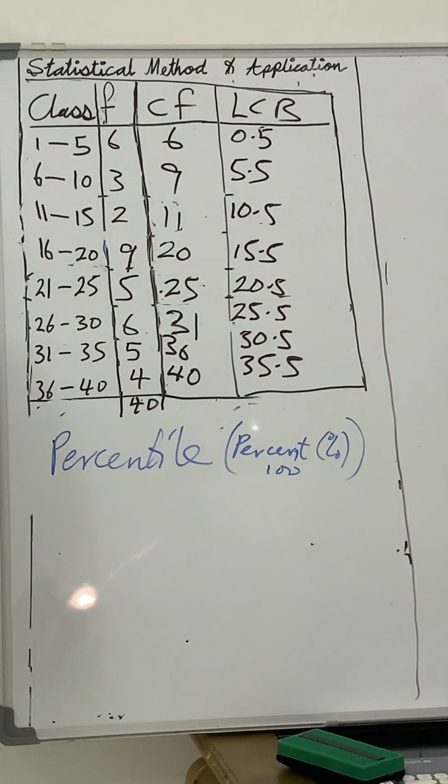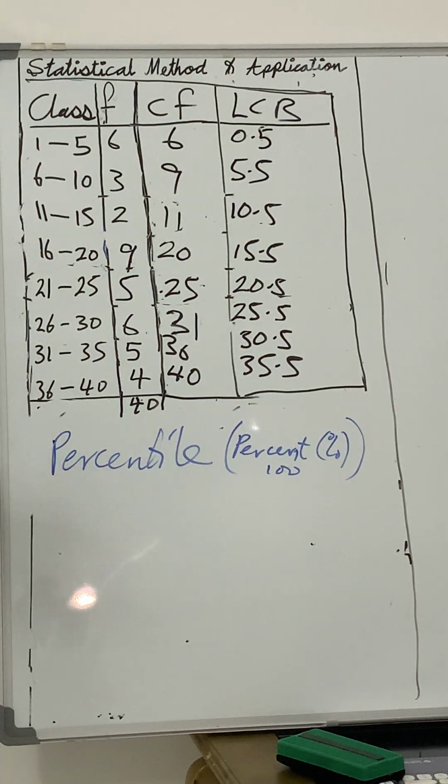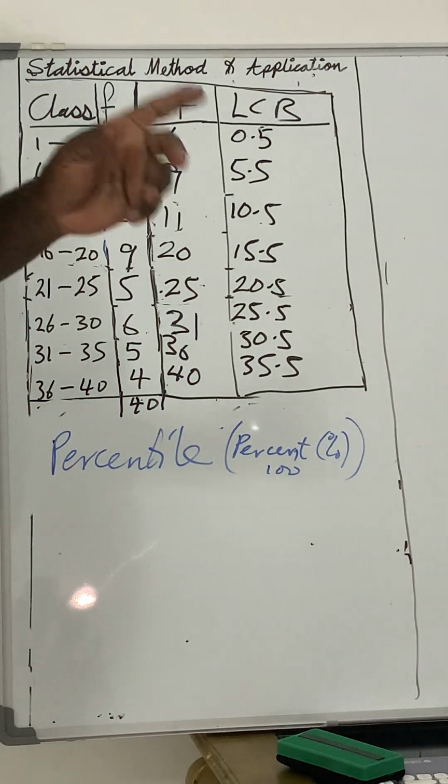Mind you, when you compute 25 percentile, it's the same thing as Q1, quartile 1, because 25 divided by 100, if you reduce it to the lowest form, is going to give you 1/4.